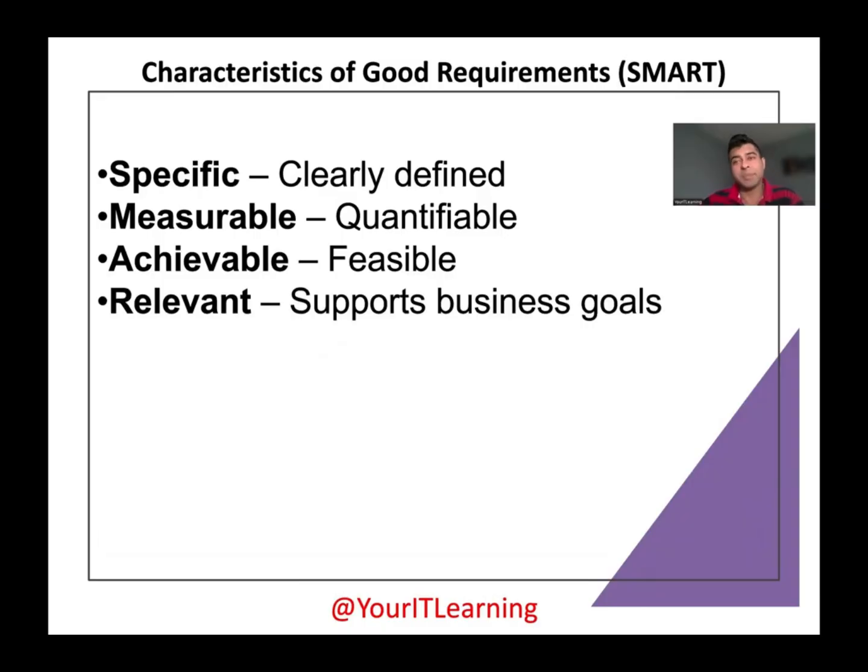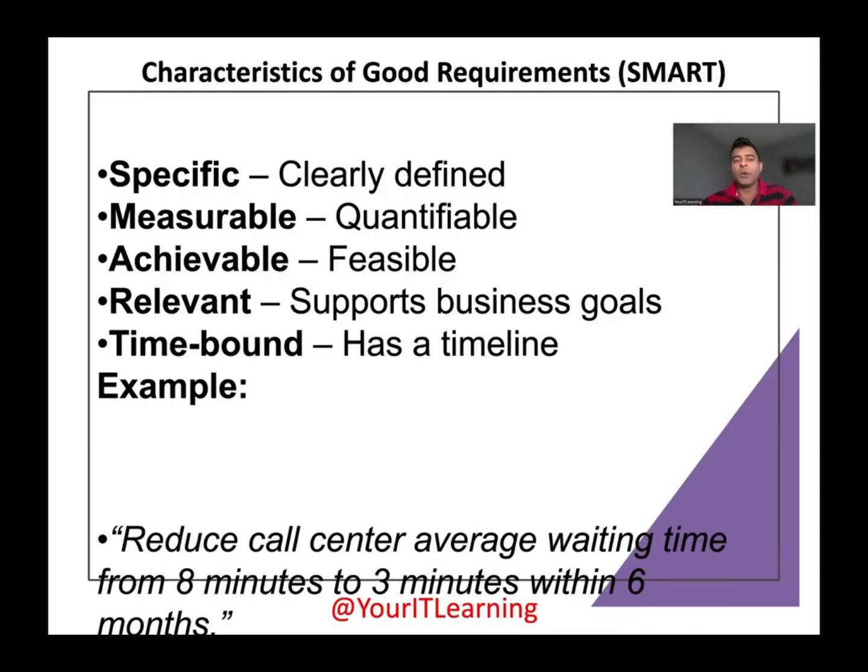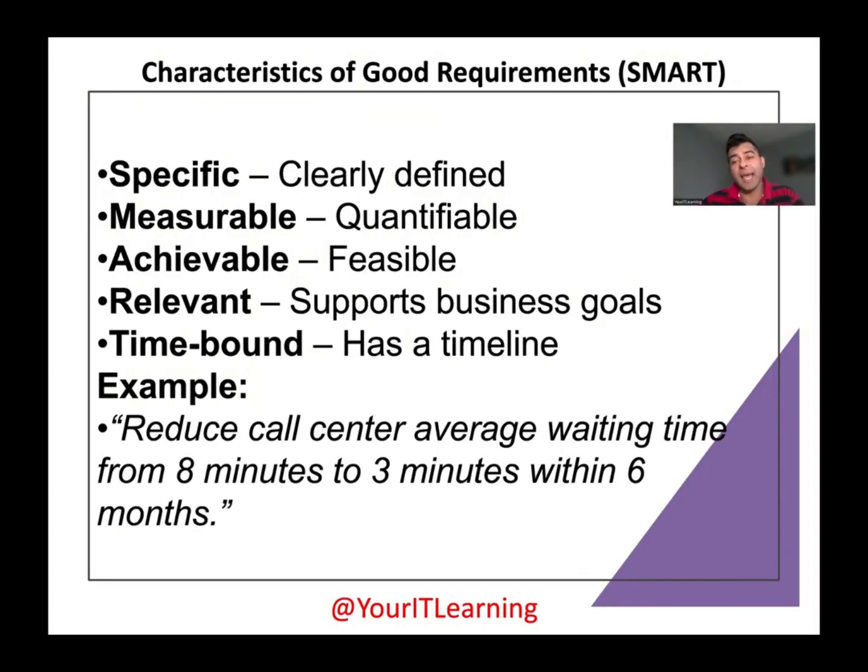Relevant, supports business goals or the roadmap. Time bound, has a timeline. So it has a specific timeline that it should be completed by this particular time. So for example, reduce call center average waiting time from 8 minutes to 3 minutes within 6 months.